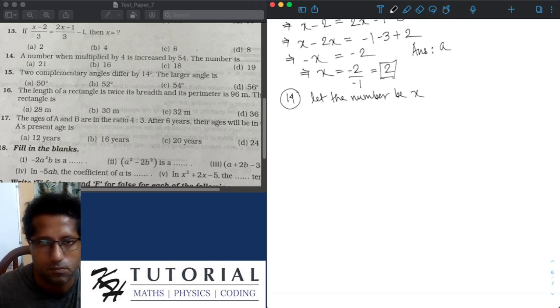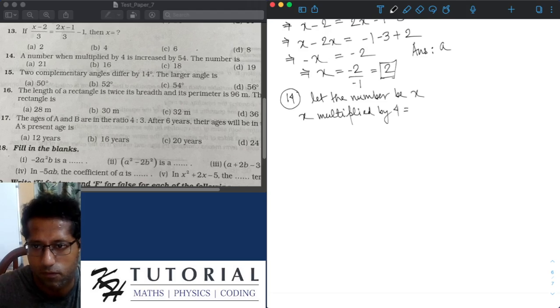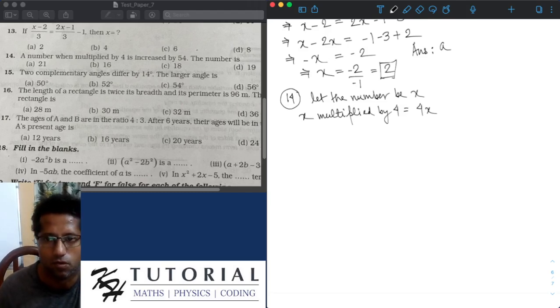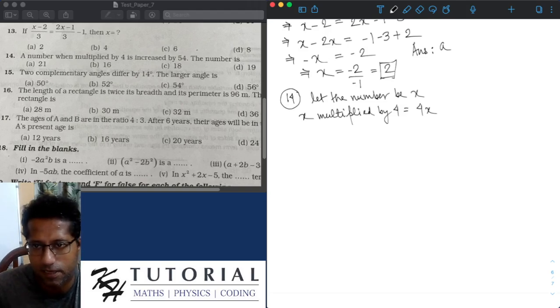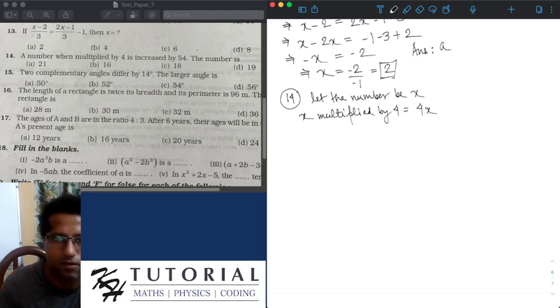Now a number when multiplied by 4, so x multiplied by 4 equals 4x. Okay, now this 4x, it is saying that when the number x is multiplied by 4, we got 4x. Now it is saying that this 4x is greater than the original number x by 54.